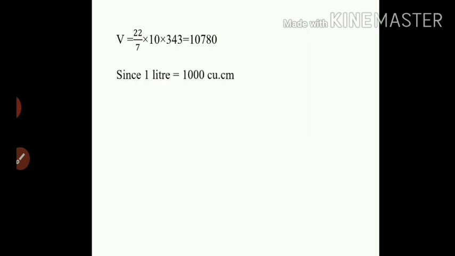So it is given, 1 liter is 1000 cubic centimeter. So the bucket will contain 10,780 divided by 1000. So when you divide this, you get 10.78 liters.